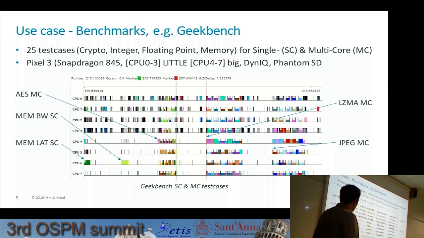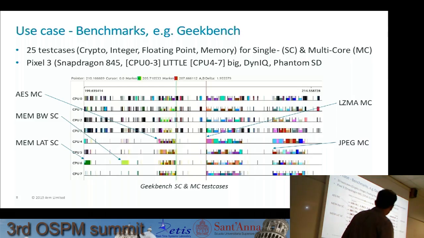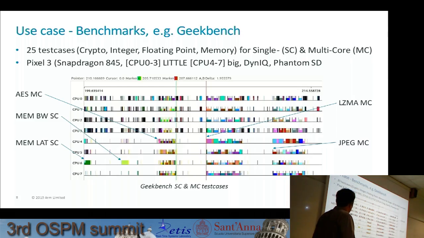How does this look on our Geekbench test case? I say our test case, but it's essentially the mobile industry which is interested in Geekbench. Like I said before, there are a number of test cases running on single core and multi-core.